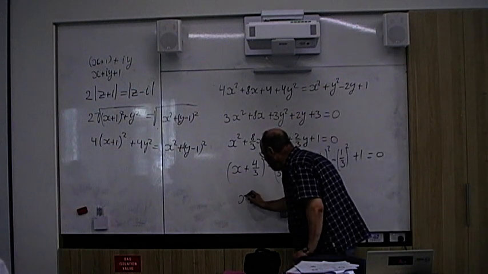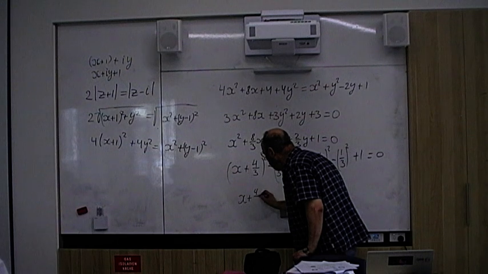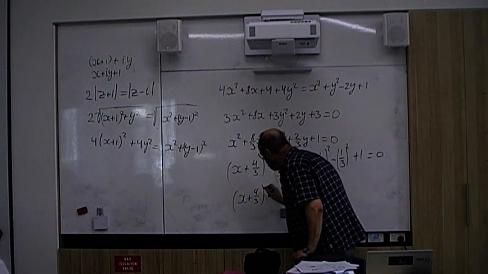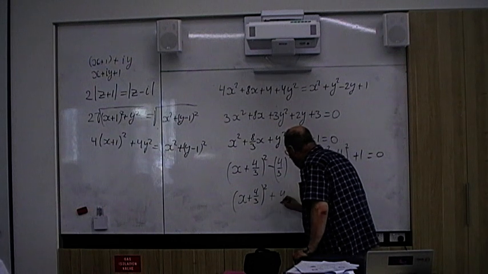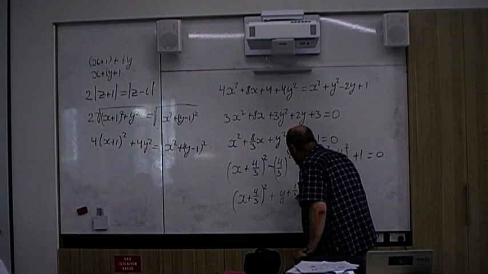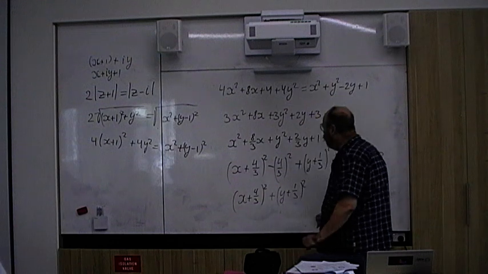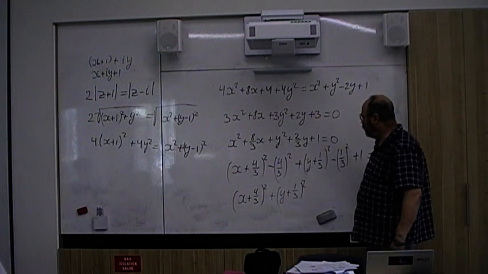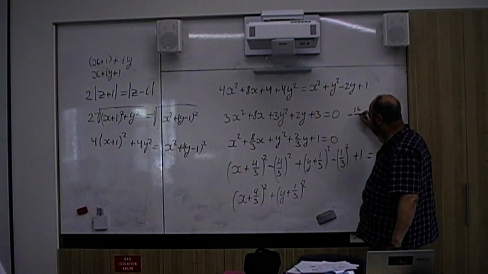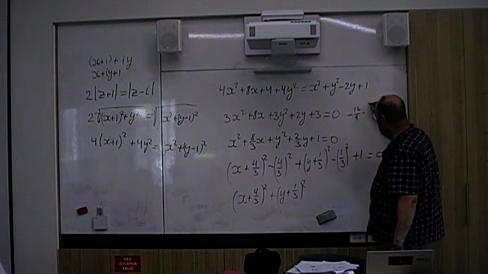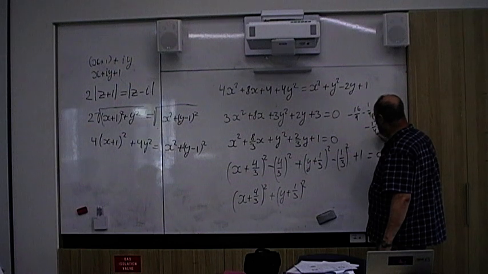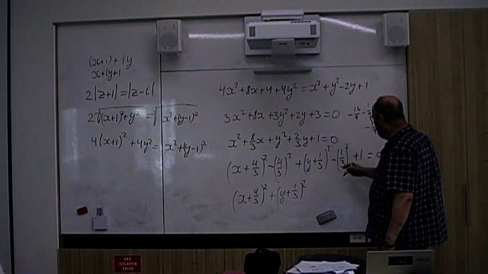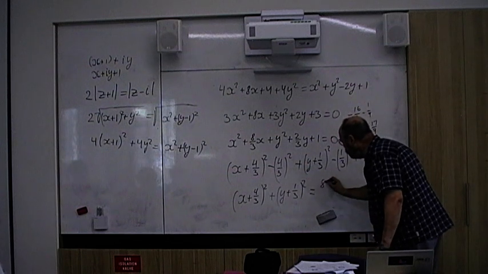So we got x plus 4 on 3 squared plus y plus 1 on 3 squared. Now we have minus 16 on 9, we have minus 1 on 9, so it becomes minus 17 on 9, plus 1. So it will be equal to 8 on 9.